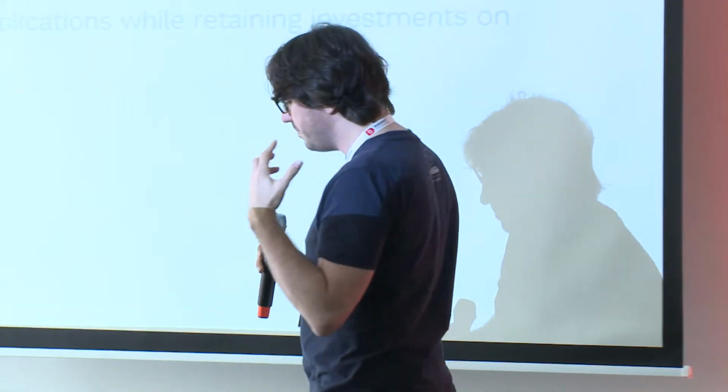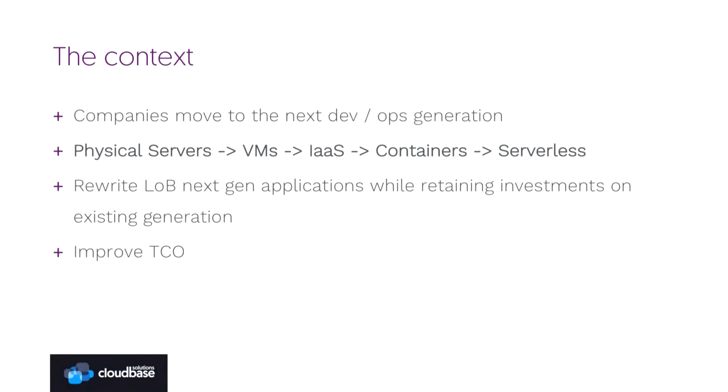So the main idea is this one: companies are typically moving across different generations of computing software, right? For example, let's say 10 years ago, everybody moved from physical servers to virtualization, and that was actually a big move. Nowadays, it's very difficult to find companies which still run their infrastructure on physical servers.